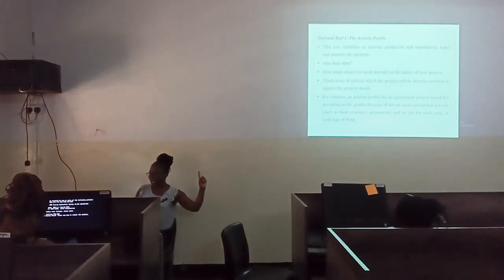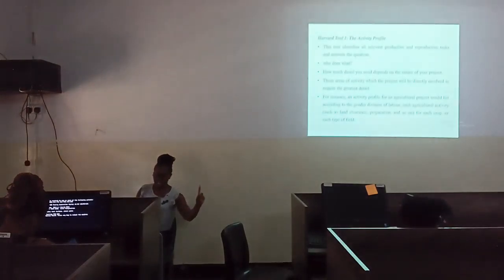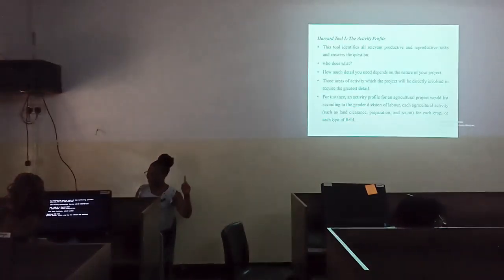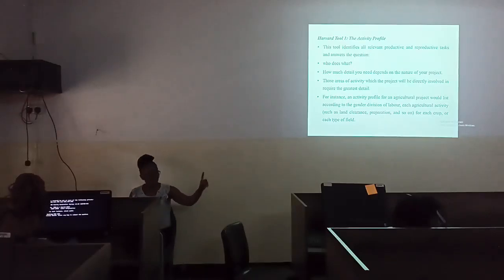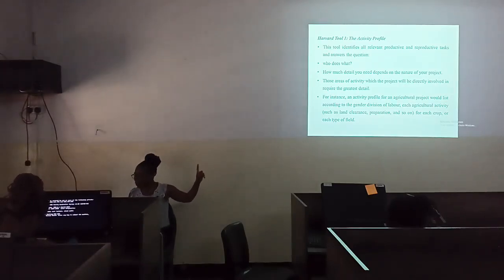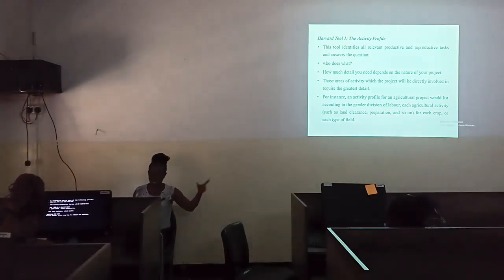I think with this example, you understand better what we mean by activity profile. You identify all the productive and reproductive tasks that will be conducted in that project. If we are looking at agricultural production, you look at who does what.